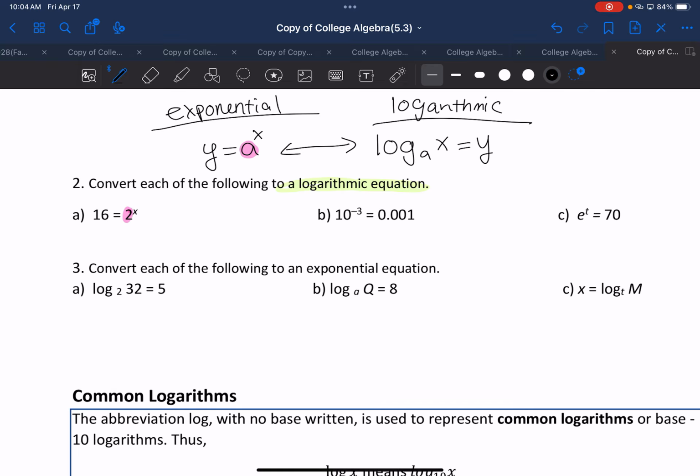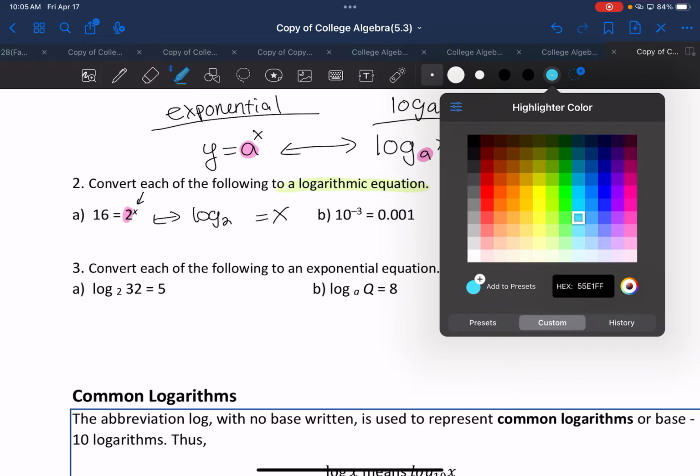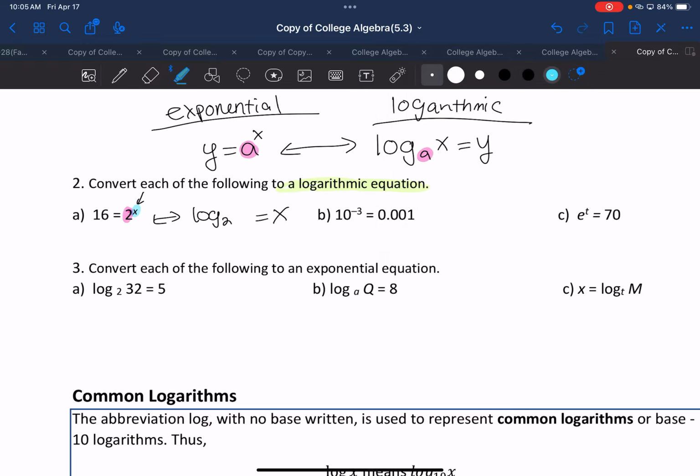And so to start, I would write log base 2, because that will be the base of my log. And then the exponent is always what this is equal to. Remember, the log is always equal to an exponent.